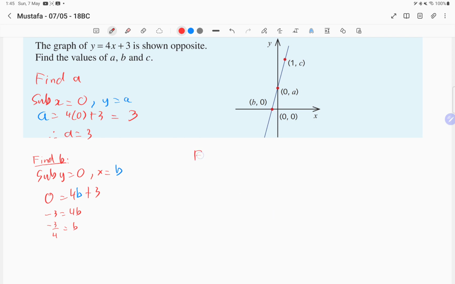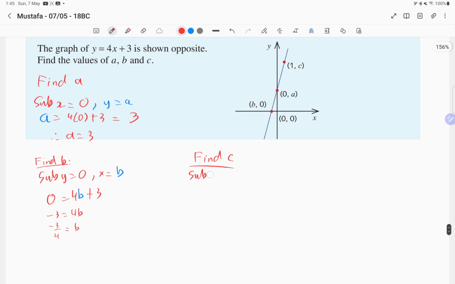Okay. Now find C. Sub x equals 1. And then C equals... y equals C equals 4 times what? 4 times 1, x is 1.